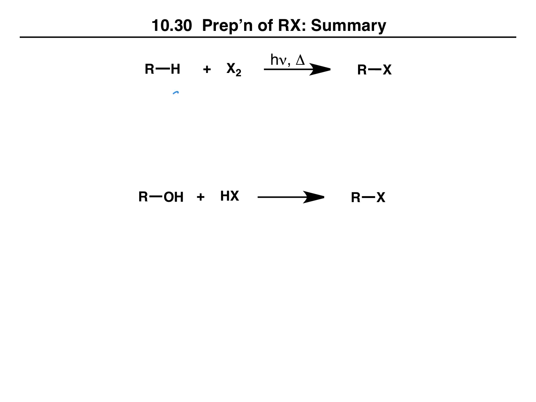Remember that chlorine is very reactive, but not very selective. And so you tend to get a mixture of products resulting from radicals at different locations. And so this reaction works best where you have equivalent hydrogens that can be abstracted.